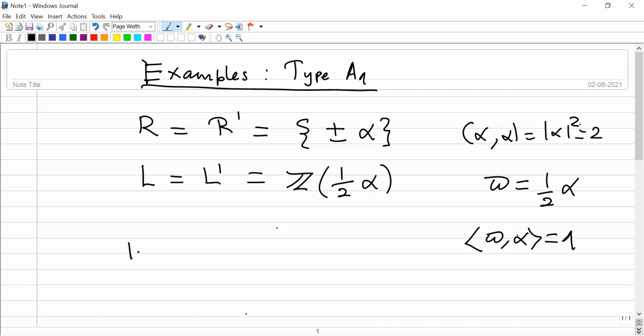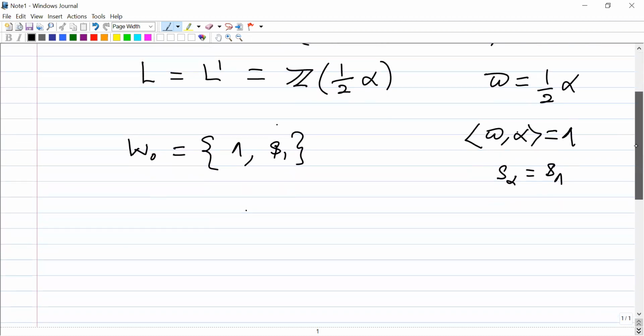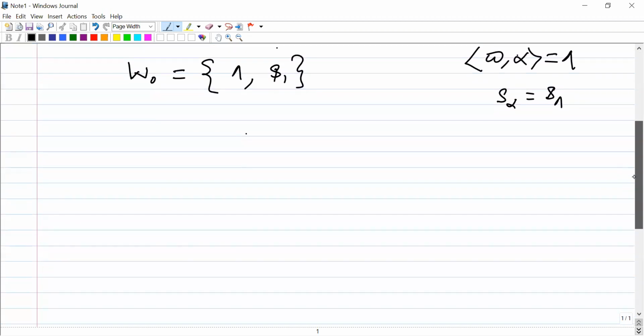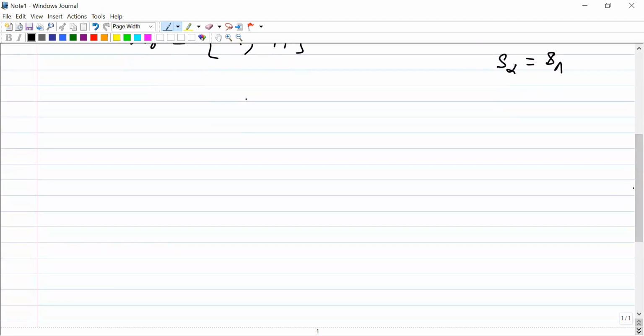Now the finite Weyl group is generated by this S alpha. The S alpha is denoted by S1. This is given by only two elements, identity and S1. Let me explain how this reflection acts. You have this real line spanned by this alpha.